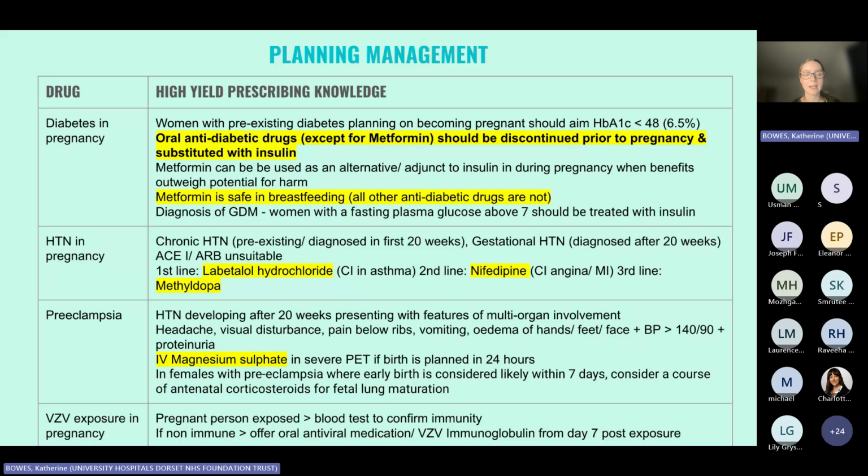And then put exposure to varicella zoster virus, because I think this is a tricky one if it were to come up. So just some general tips. If a pregnant person's been exposed, then they'll need a blood test to see whether they have immunity or not. And if they're not immune, that might be when you give antivirals or varicella zoster immunoglobulin for them. It's a little bit more niche, but who knows, might come up.